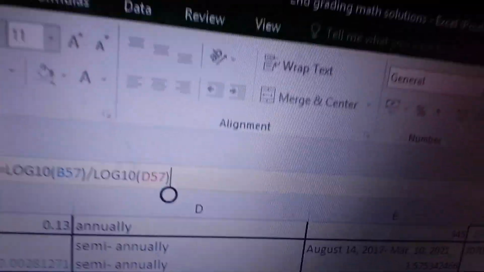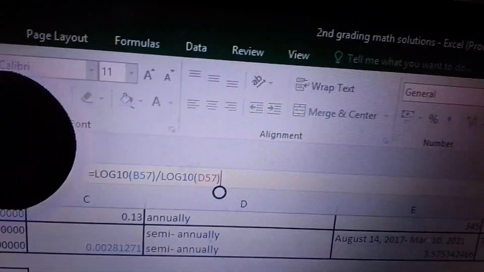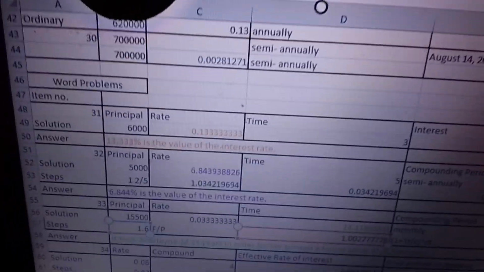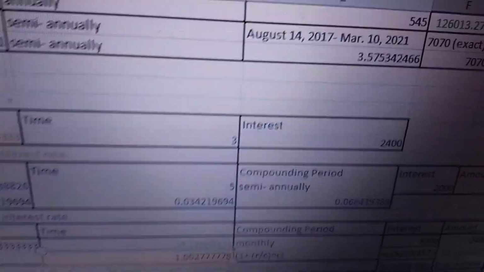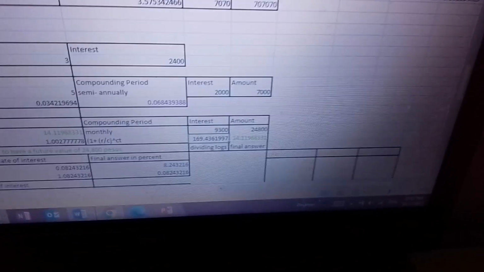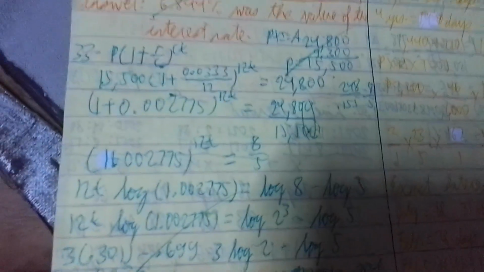Yung nasa denominator, that is the base. And that's why you apply the change of base method, di ba? So, log base 10 of B57, which is 1.6, divided by the log base 10 of D57, which is your base. Di ba? Yung naka-highlight. And you're supposed to get this answer. Just like what I did here.